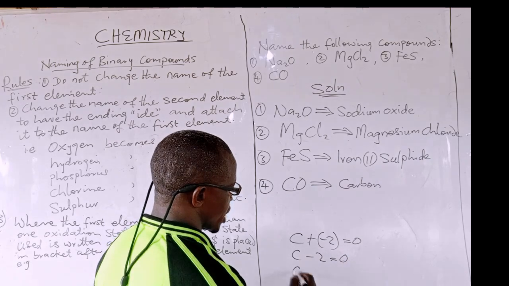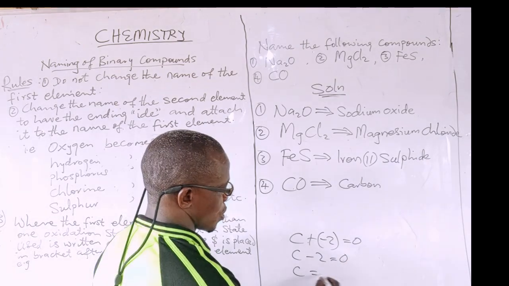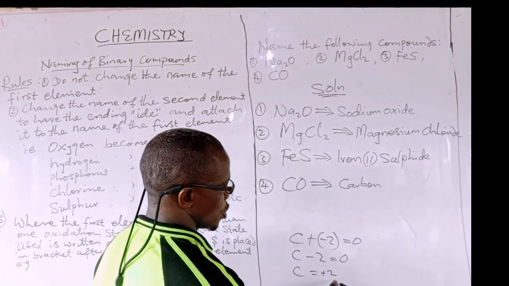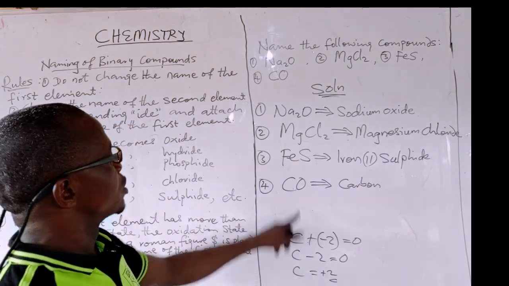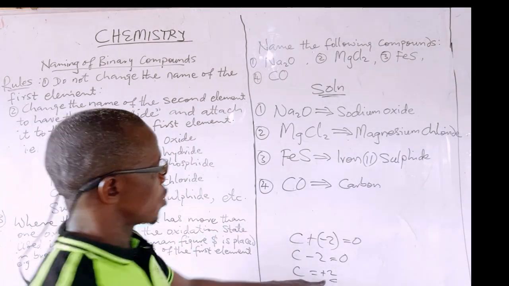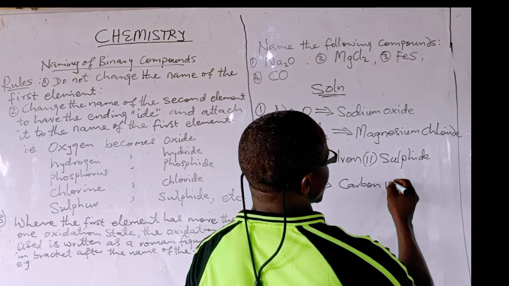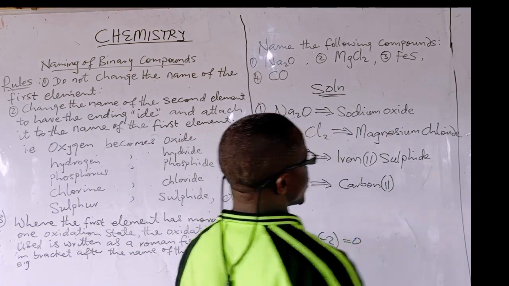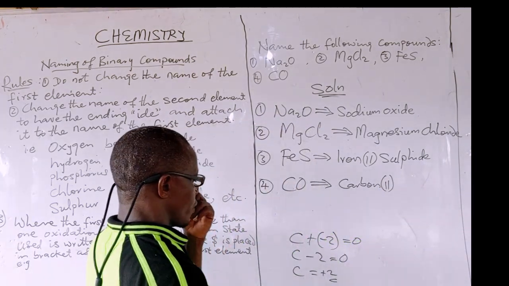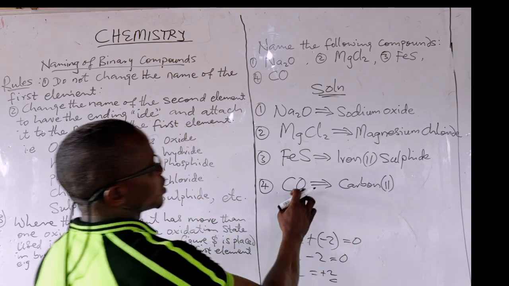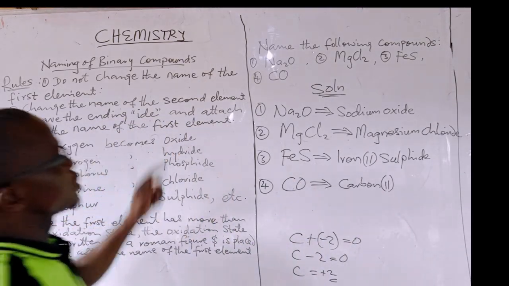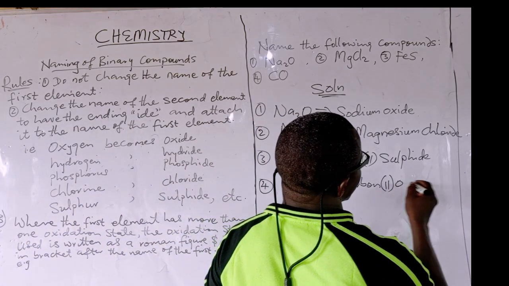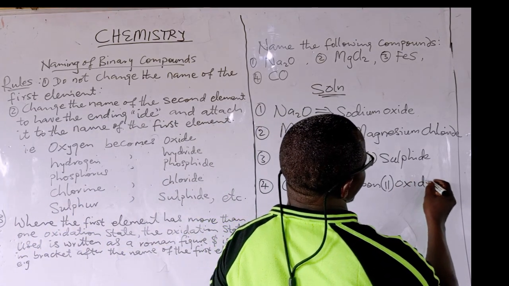Take this to that, you have C equal to plus 2. So, the oxidation state of carbon in this compound is what? Plus 2. So, I will put the 2 in Roman figures. And after that, I will change the oxygen to oxide, and that gives me the name of the compound.